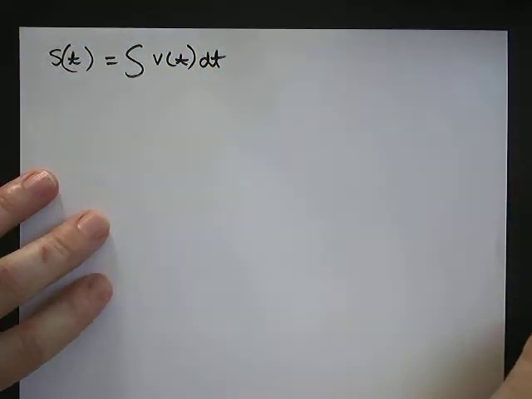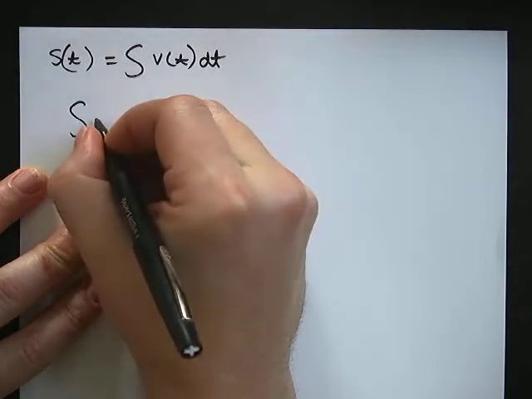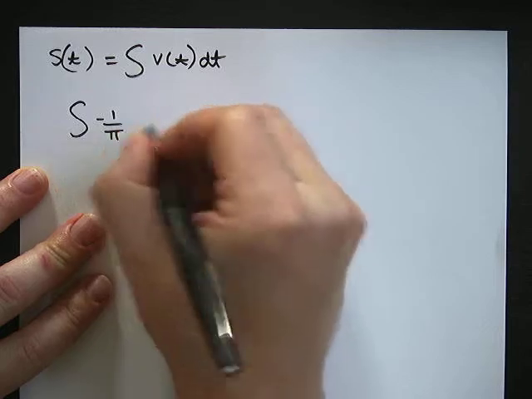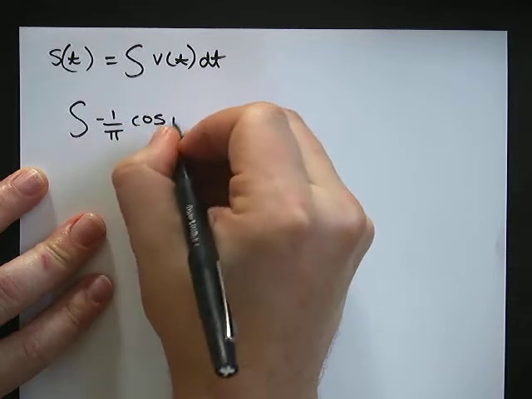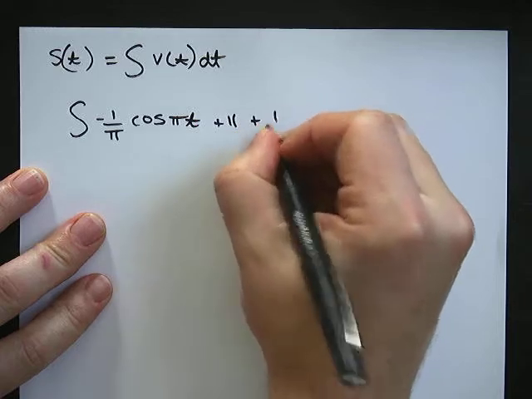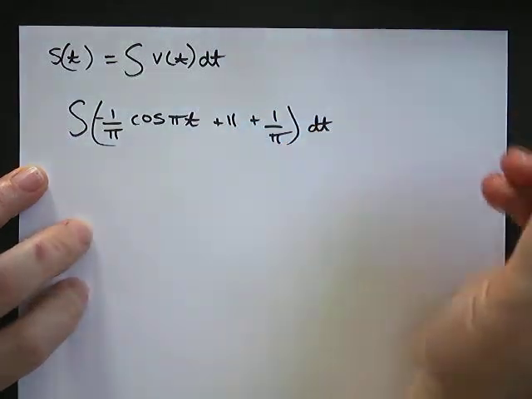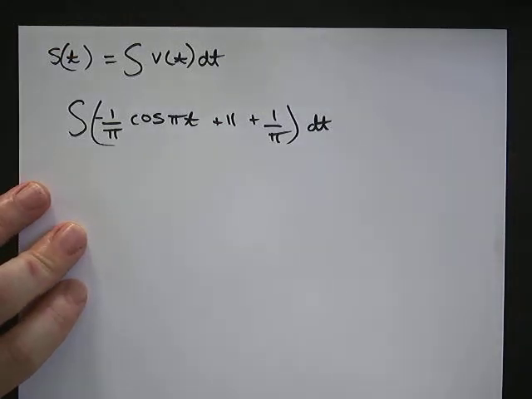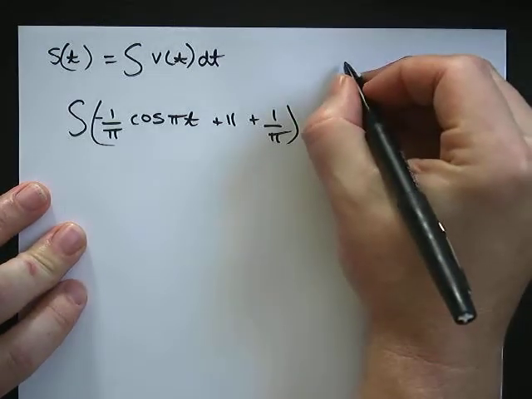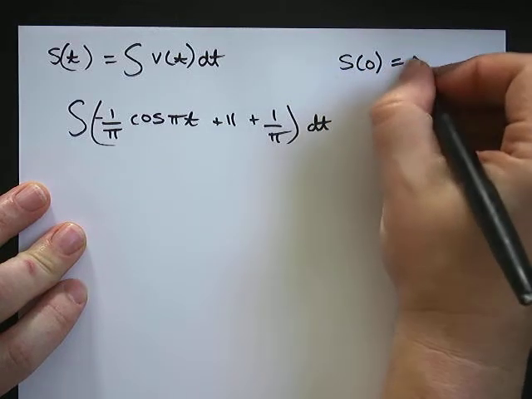So we are going to take the integral of negative 1 over pi cosine pi t plus 11 plus 1 over pi, all with respect to t. And the initial condition we're going to use this time is s of 0 is equal to 10.